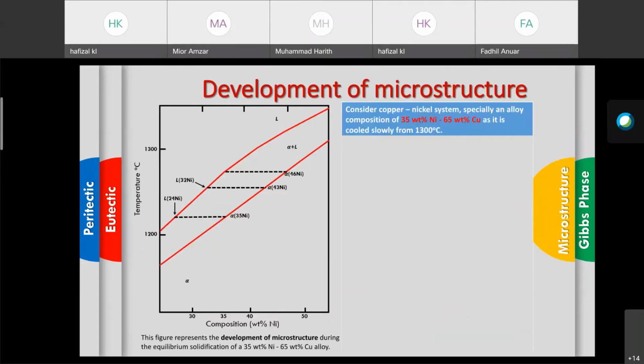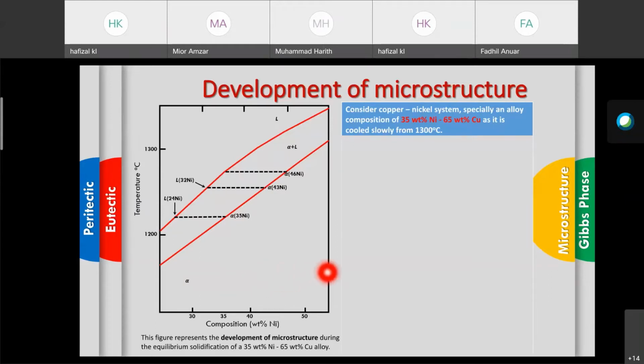Here we will try to analyze in more detail the line of projection that we set. Please consider the copper-nickel system. In this case, we have the copper-nickel phase diagram, and we look at the variation of nickel up to 60%.